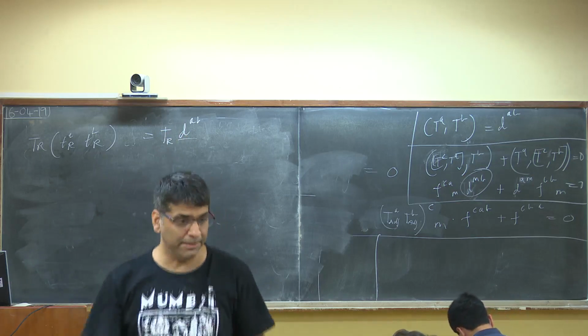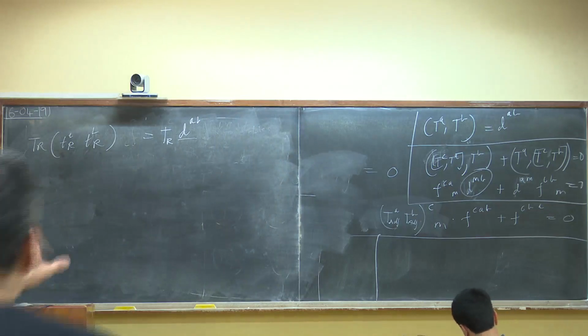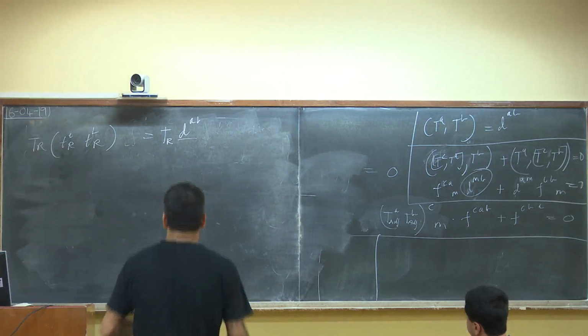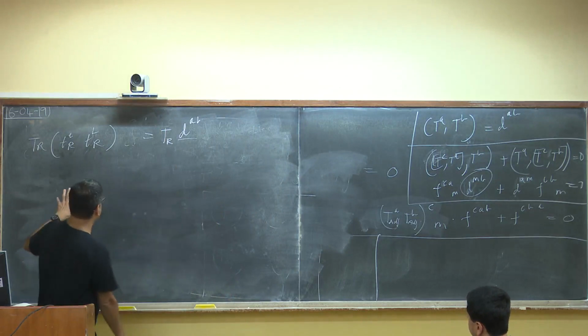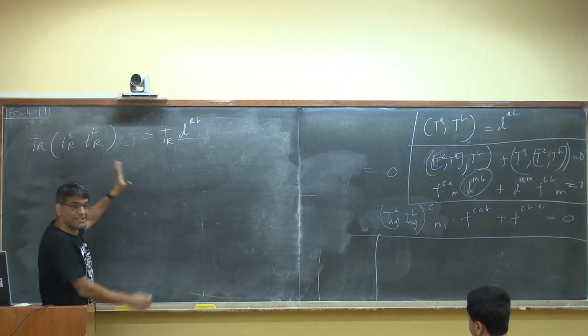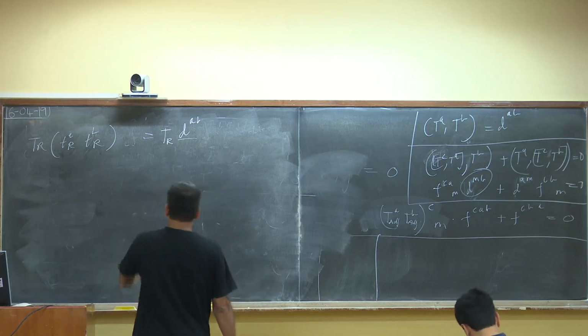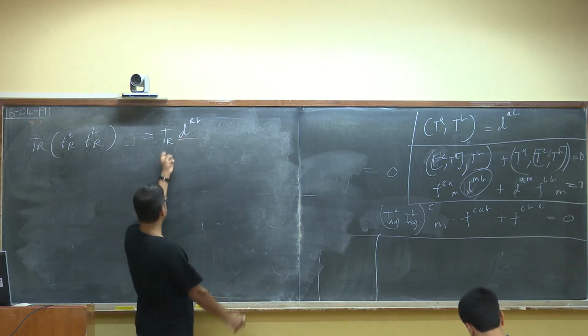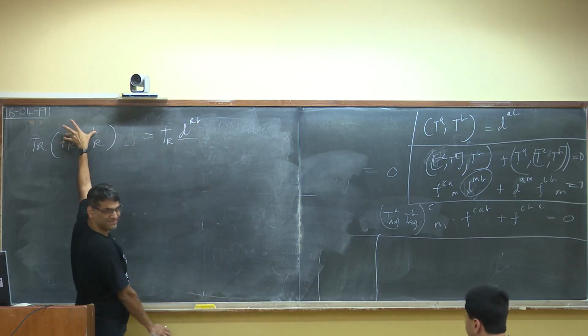That T_R is something that characterizes the representation. If we change the normalization among generators, it changes d_AB, but it doesn't change T_R, because these transform like tensors.